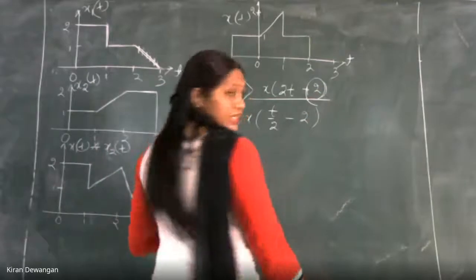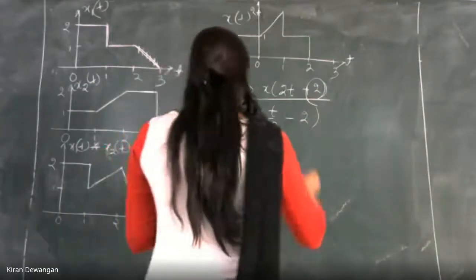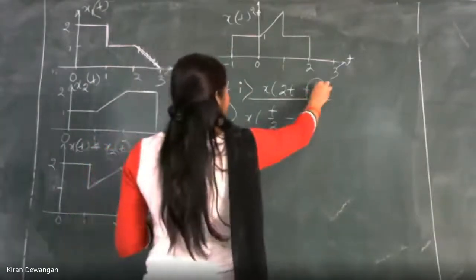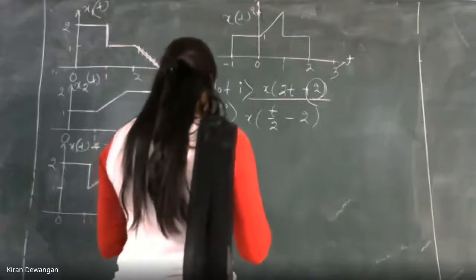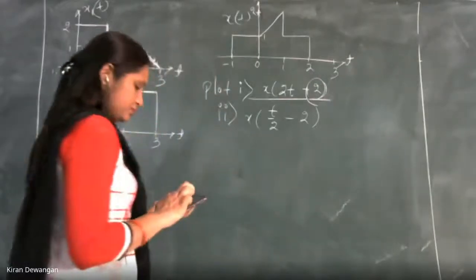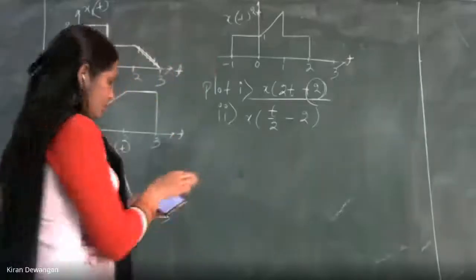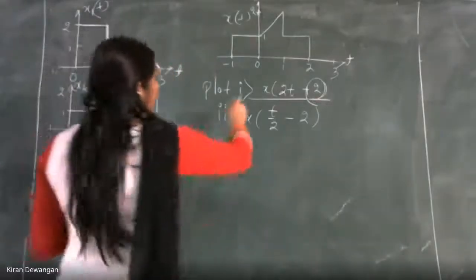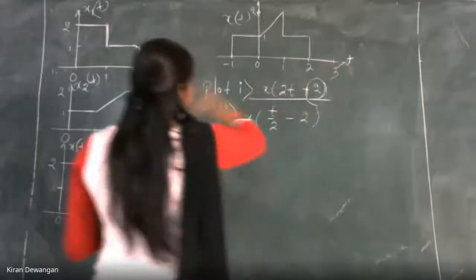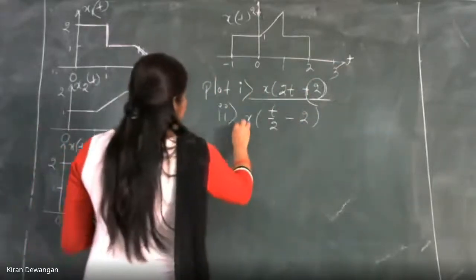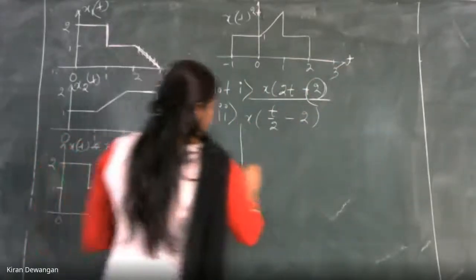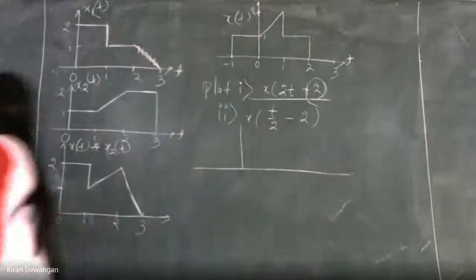So time shifting जैसे हम perform करेंगे. It is plus 2. So कौन सा direction में shift हो जाएगा ये? Left. It will shift to left. Left shift हो जाएगा.